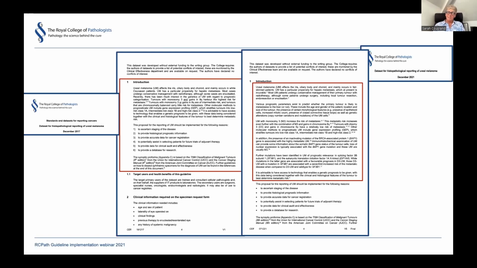So this information regarding the genetic alterations in uveal melanoma has come from large studies, including multi-center collaborative studies.